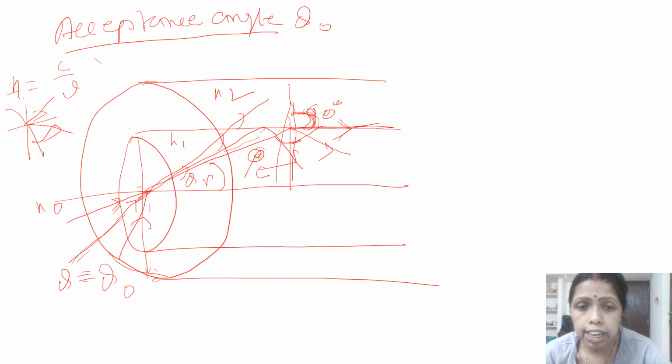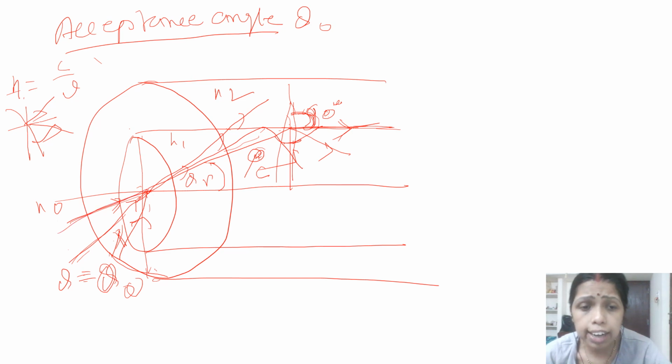Corresponding to this critical angle, there is another angle at the interface of air and core, and that angle is called the acceptance angle. If a ray is incident like this way, it will be reflected, so this is not acceptable. When the angle is less than the acceptance angle, then it will be acceptable.